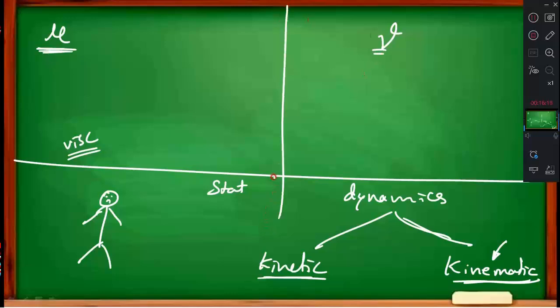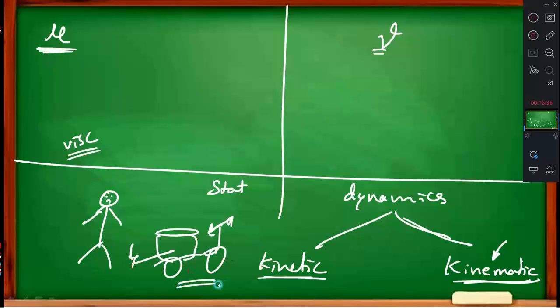How to remember these two, which are very confusing? Do you know Kinetic Honda? Here you need to apply a kick, no? When you apply a kick, then only it moves. Kinetic: force is required, force is considered for the study.